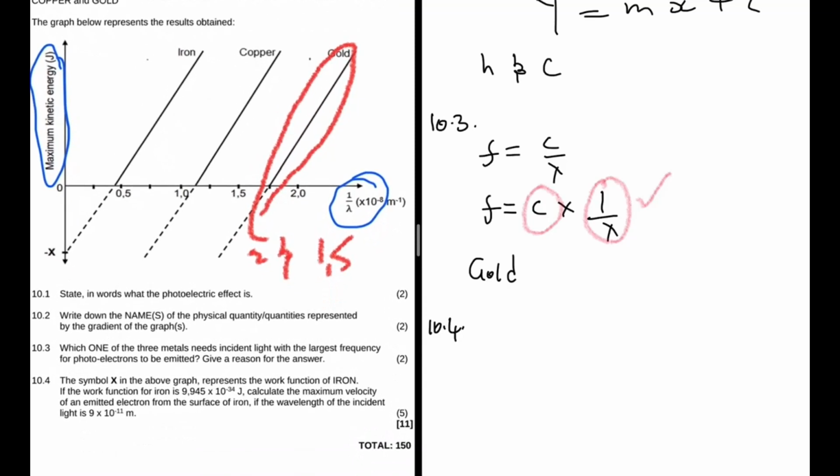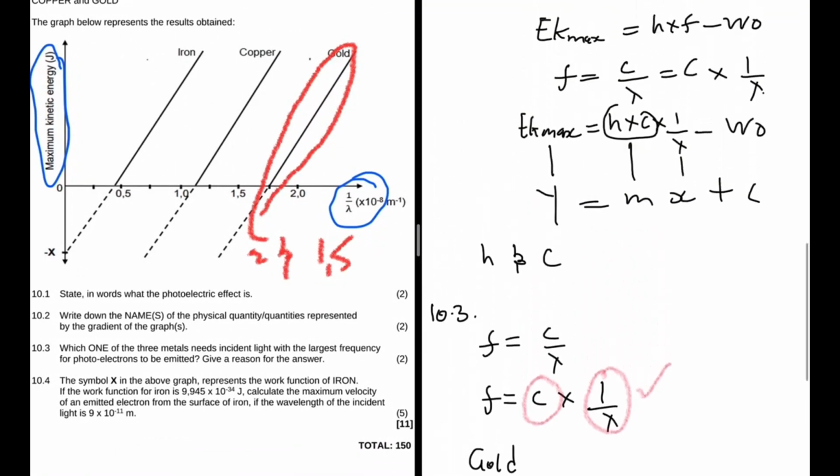10.4 says the symbol X in the above graph represents the work function of iron. They don't even have to tell us, right? We can already tell because we have this equation here.